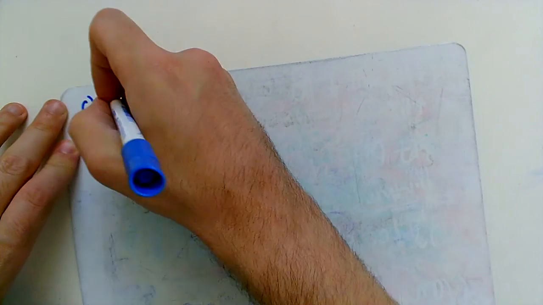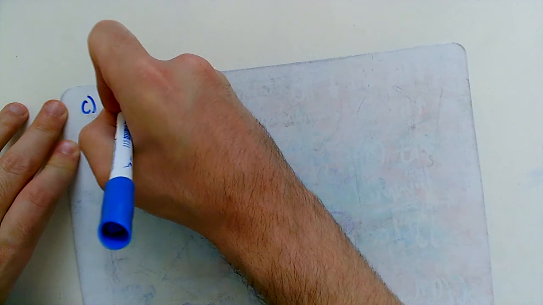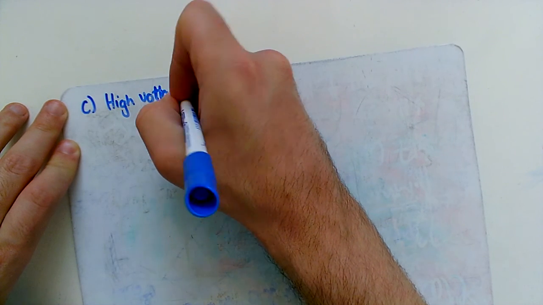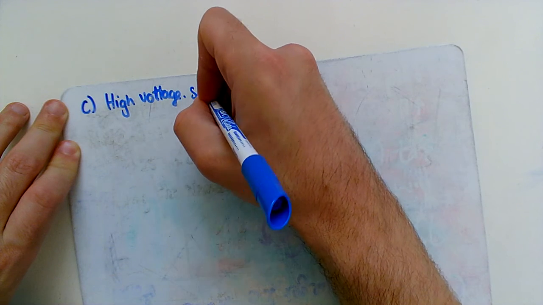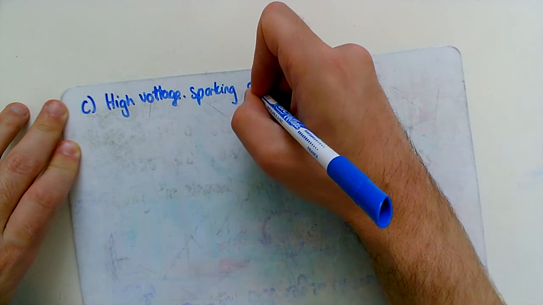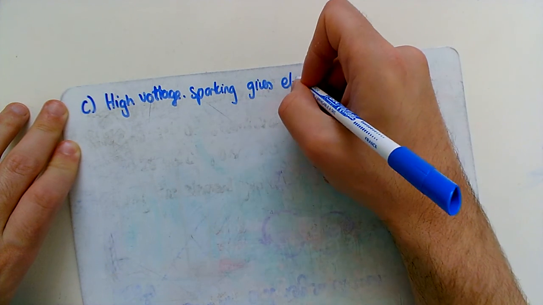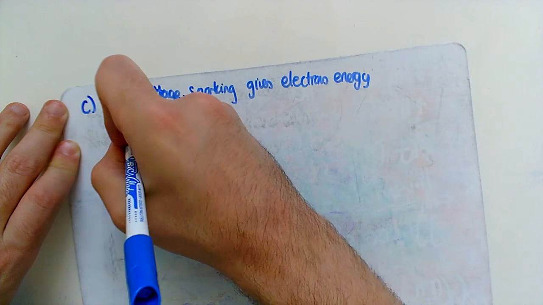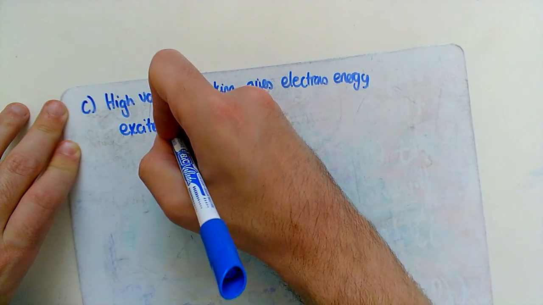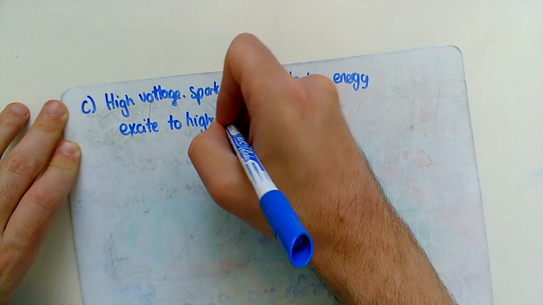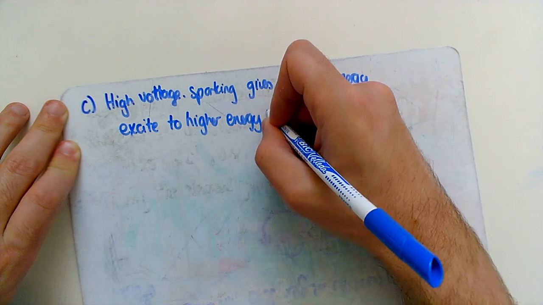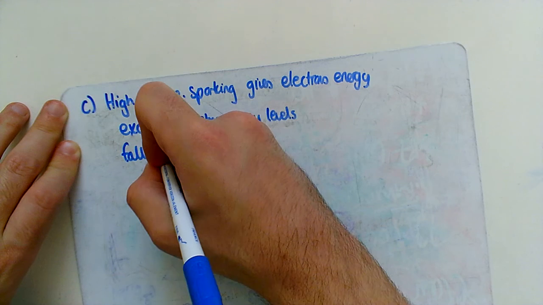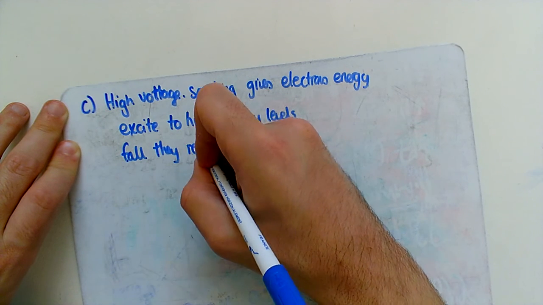And for that, it is the high voltage sparking gives electrons energy, so they excite to higher energy levels. As they fall, they release photons.